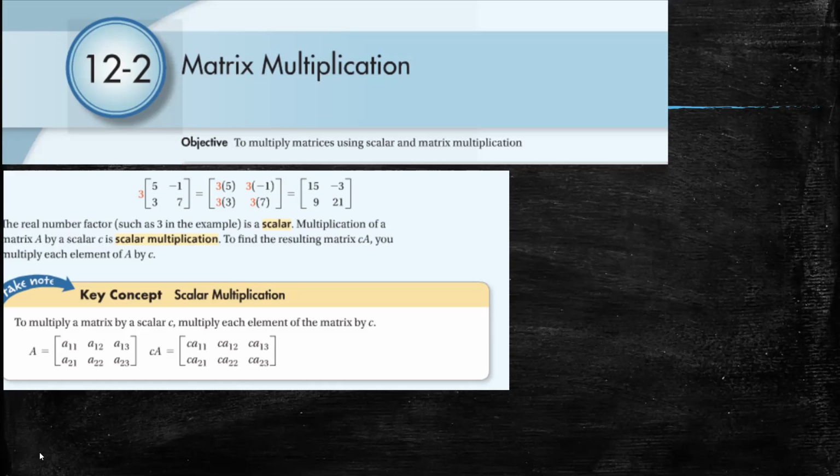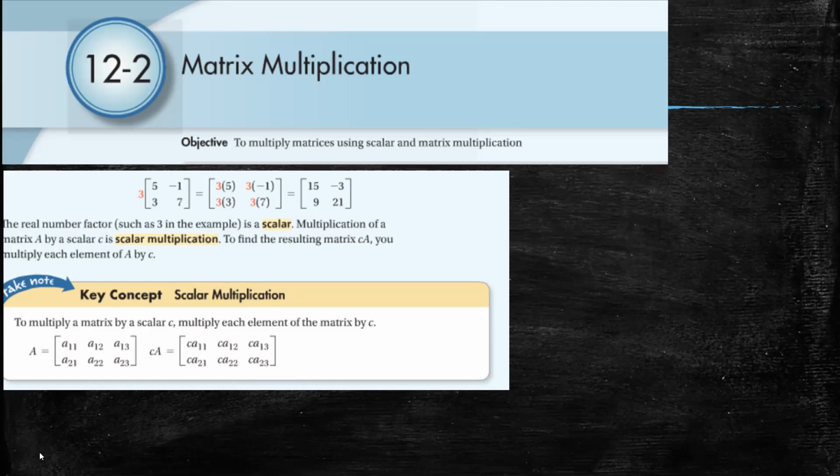Look at this matrix here. We have a 3 multiplied by this matrix. This real number factor, like the number 3, we call a scalar. This number is multiplied by each element in the matrix, and we call this type of multiplication scalar multiplication.